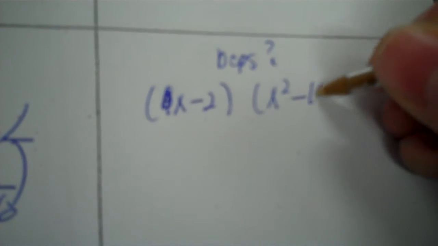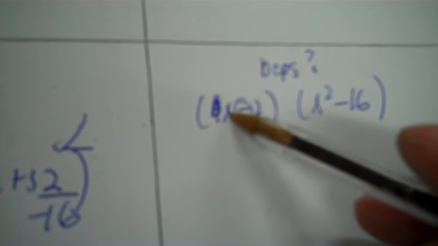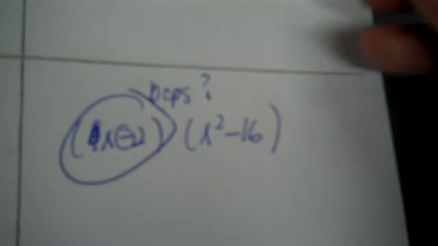Okay, now we check for DOPS again. So we put 1x minus 2, or just x minus 2, don't keep that 1 there. And then x to the second minus 16. Because that 1 is a barrier for the DOPS. Now, we got minuses in both these, so the minus you check, but that's just x without a power, so that gets dropped. That cannot be factored into a difference of perfect squares.